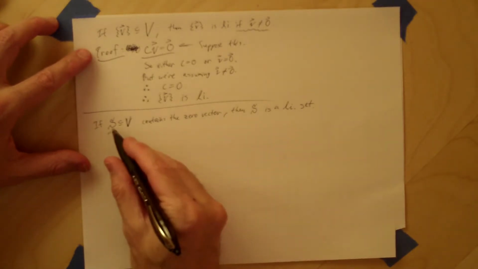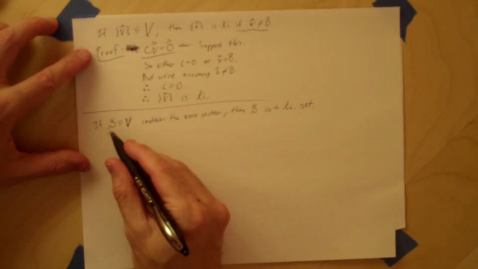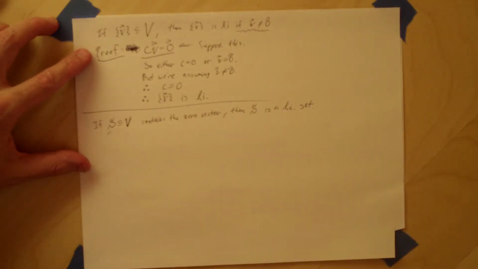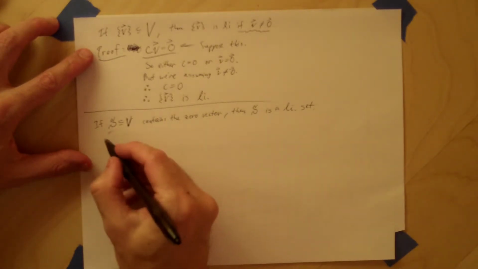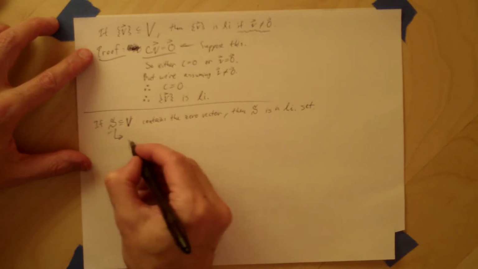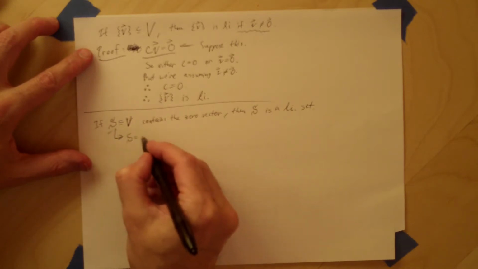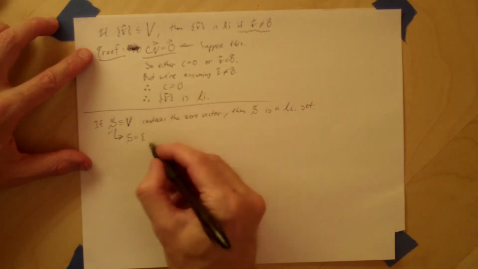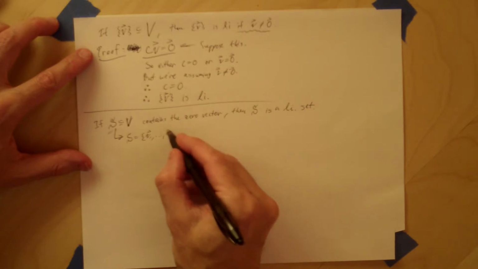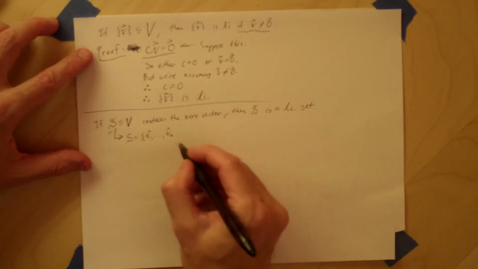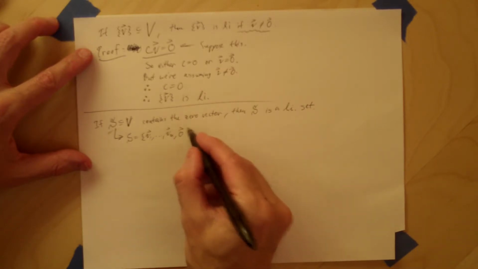We're assuming that S contains a finite number of vectors, at least for the sake of argument. So we're taking S to be some set of vectors in V. Let's say it's got vectors V1 to Vn, and then also the zero vector is in there.